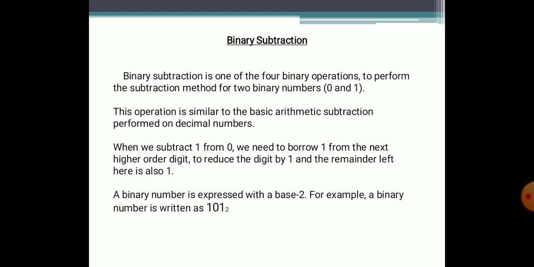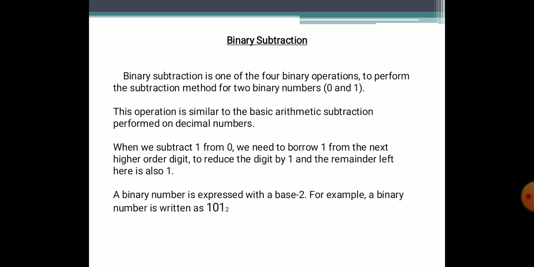So students, binary subtraction is one of the 4 binary operations where we perform the subtraction method for 2 binary numbers. You know, binary numbers means it contains only digits 0 and 1. This operation is similar to the basic arithmetic subtraction performed on decimal numbers in maths.